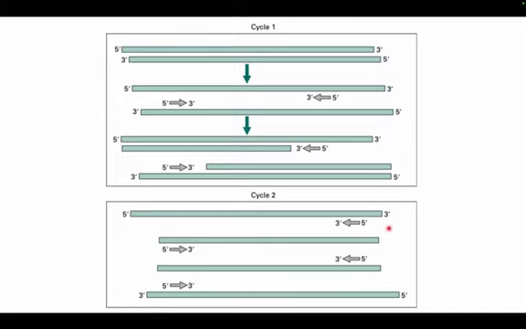But now when these two act as templates, right, so this is limited on this side by the primer. And this is limited on this side by the primer. So eventually the vast majority of the DNA products that we get will be capped by the primers on both ends and be of the size of the DNA enclosed by the two primers.